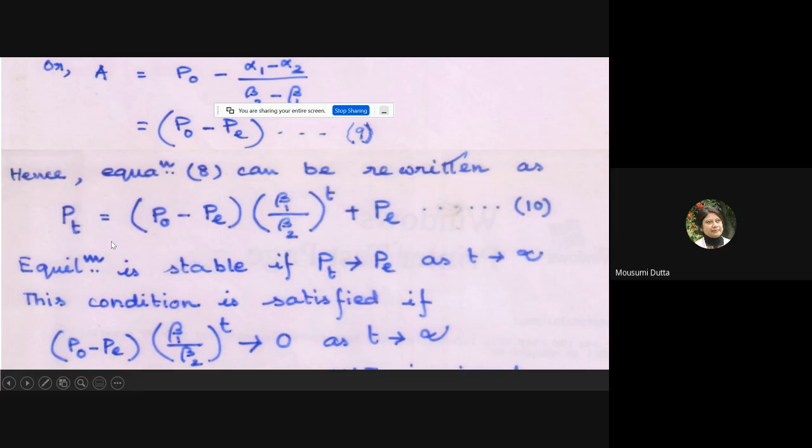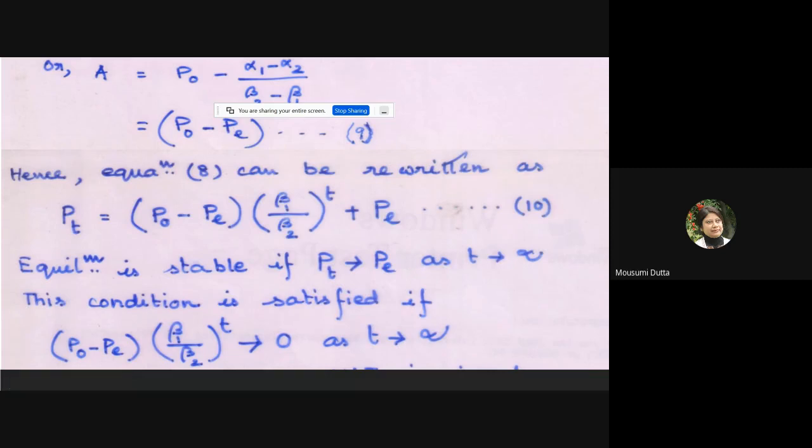This PT will move up and down around the equilibrium continuously depending on even or odd value of t when this ratio beta 1 by beta 2 is negative, or this entire element, small b. In the general equation, it is small b. So if this small b is negative, your time path will move up and down around the equilibrium continuously.